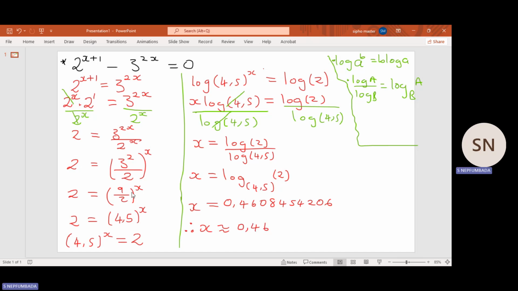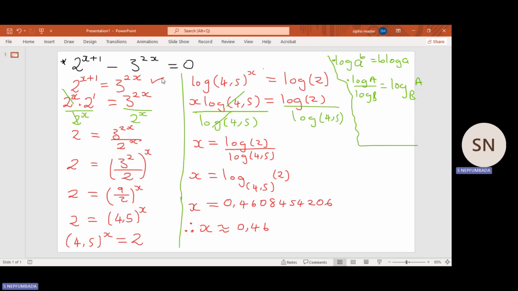At this stage, where there is an x, if we try to put 0.46, then we're going to have 2 to the power of 0.46 plus 1, which will give us 2.75.